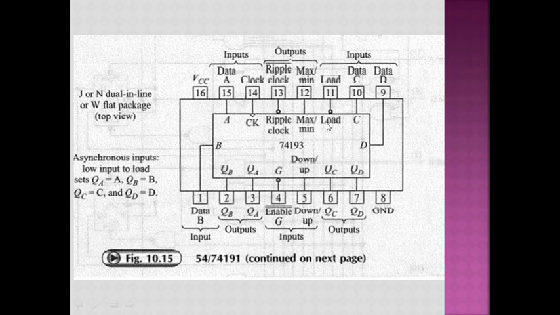Whenever this load signal is activated, that means whenever it is low, the data which you have already applied, 0101, will be loaded into the flip-flops, and QD, QC, QB and QA become 0101 on applying the next positive edge of the clock pulse.